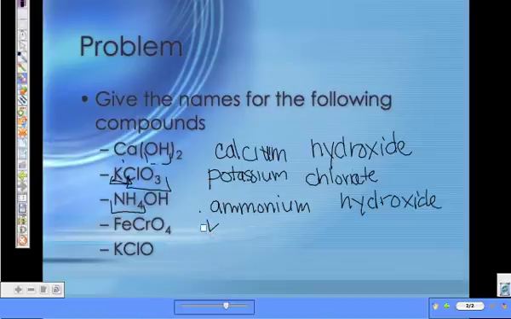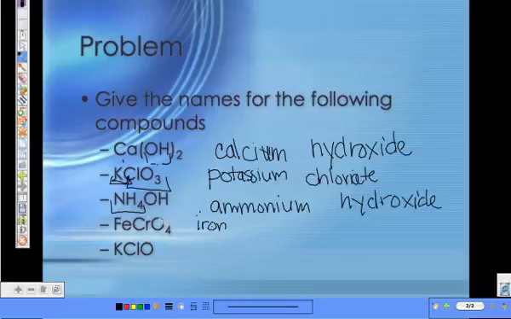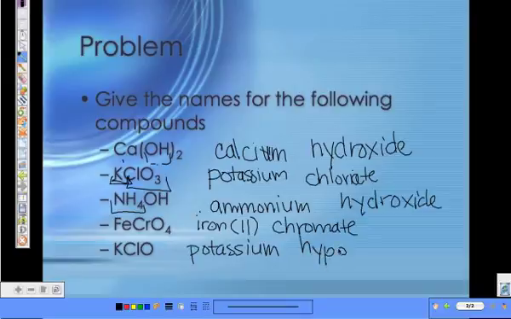Iron can form a 2+ or 3+. So we need to indicate which one it is. So what charge did chromate have? A 2-. So iron must have been a 2+. So it would be iron 2 chromate. And this last one, so this is one where we use hypochlorite. Because the ClO has no subscripts, that is hypochlorite.